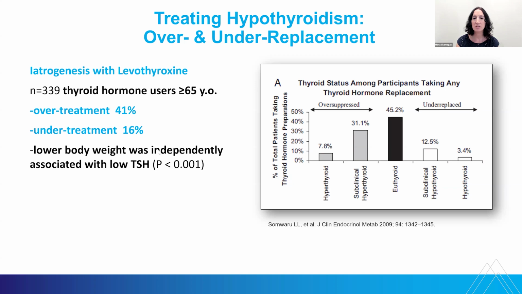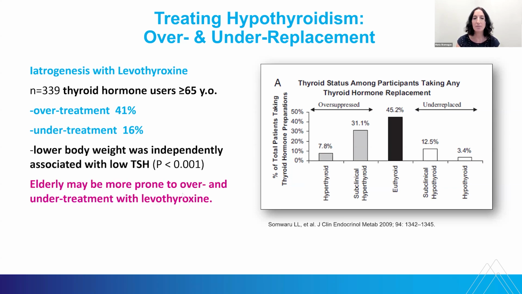A low body weight was independently associated with a low TSH. So here we are again with our frail, smaller elderly patients. We have to be careful with the dose we start and how aggressively we titrate medication. The elderly may be more prone to over and under treatment with levothyroxine.